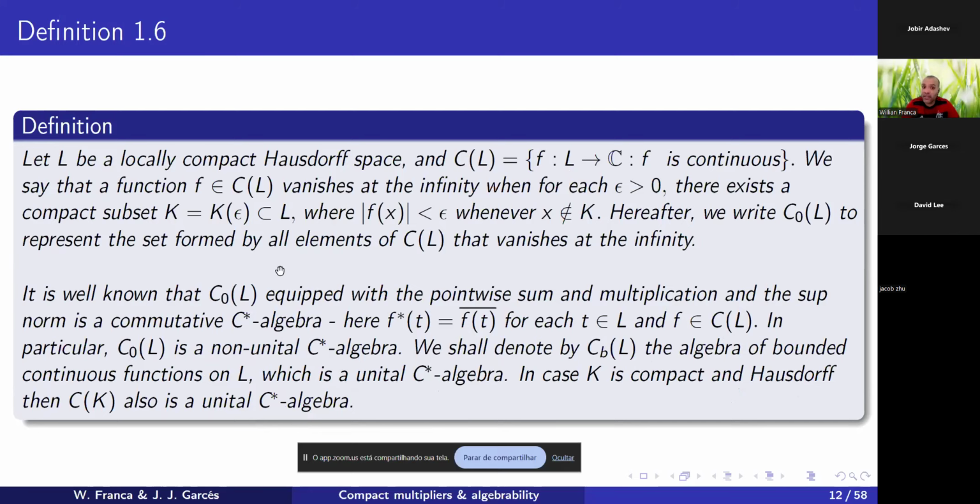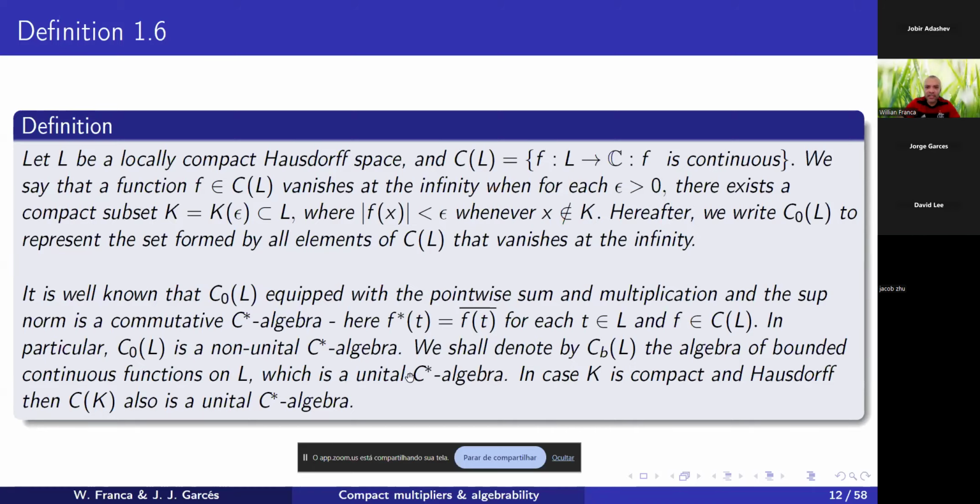Another thing that we should mention here is that any commutative C star algebra can be identified with a space of this form, where in this case L is essentially the spectrum of the algebra. And if the C star algebra is unital, that means the spectrum is compact, so you have essentially C(K).